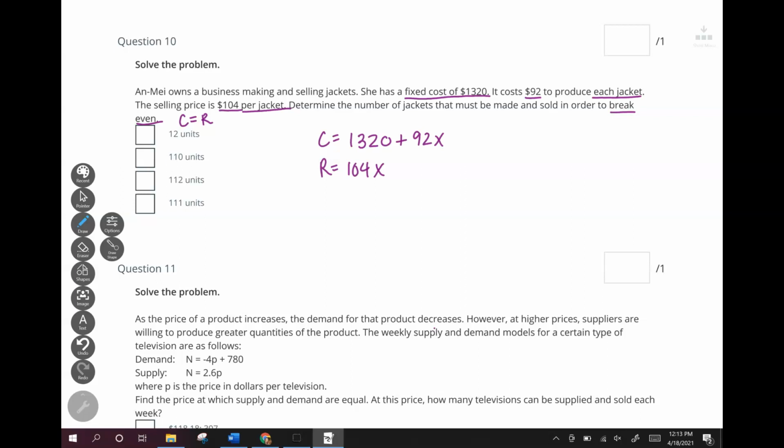And we want to know when these two things are equal, so we are going to set them equal to each other. All right, solve for X. Subtract the 92 over. And divide by 12. 110.